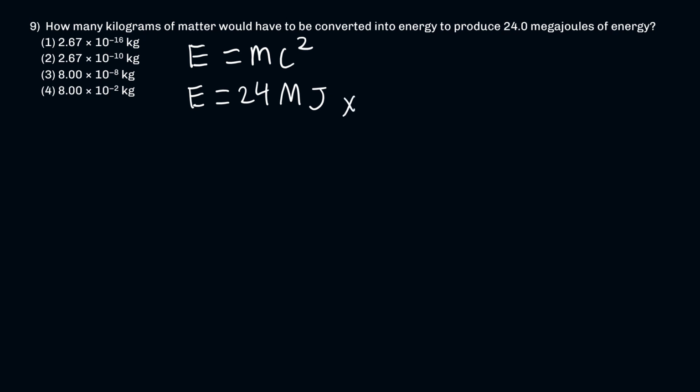So this is actually on the front page of the reference table, whether you see it right away or not. It's with the prefixes for the powers of 10. So joules is my normal unit for energy. So what this essentially tells me on the reference table, based on mega here at the very top, 10 to the 6th, this is essentially telling me that for 1 megajoule, it's the same thing for any unit like this, that 1 megajoule is going to be 1 times 10 to the 6th joules.